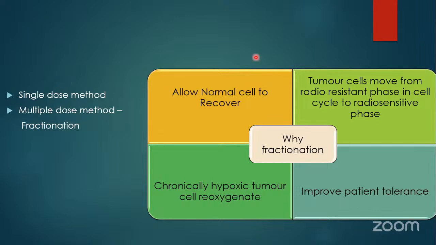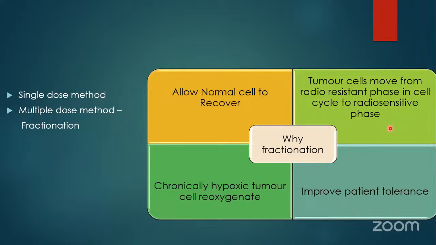Also, apart from that, you're allowing the tumor cells to move from the radio-resistant phase to the radiosensitive phase. So that also is taking place. Third thing is you're improving the patient tolerance. See, continuously giving radiotherapy means there are already certain drawbacks or setbacks in the patient's health, right? So if you give a break, if you fractionate the dosage, it definitely improves the patient tolerance towards the treatment.